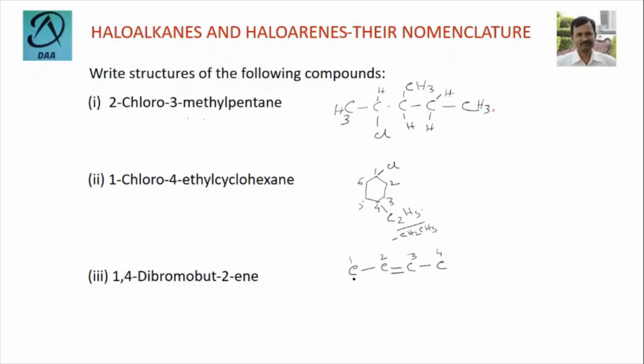That means here one Br atom is there, and here also one Br atom is there. So you have to fill up with the desired number of hydrogen atoms.